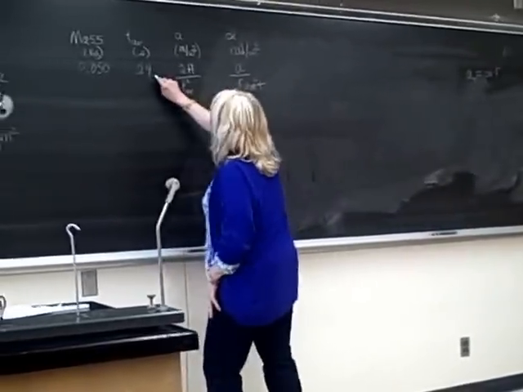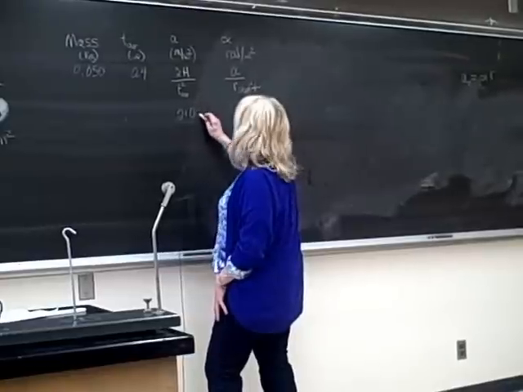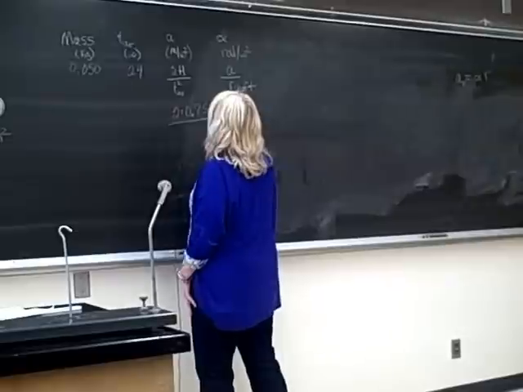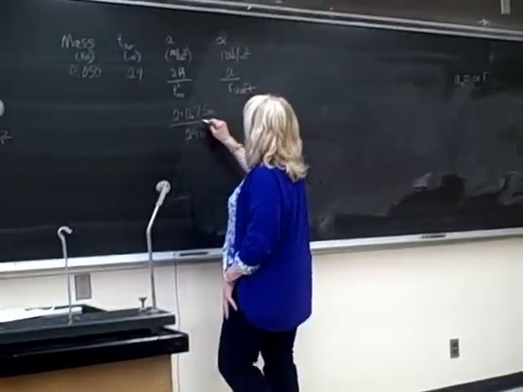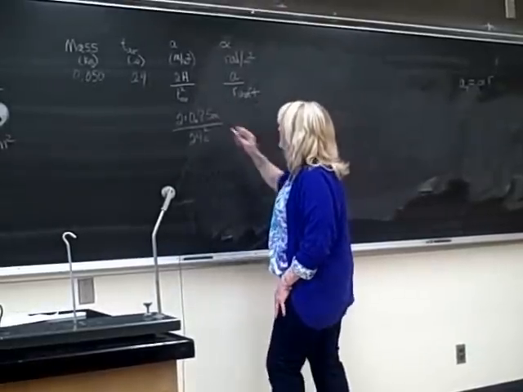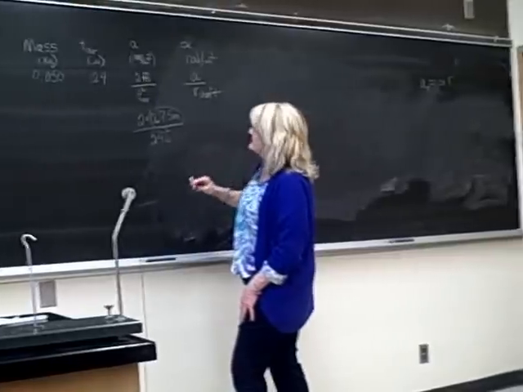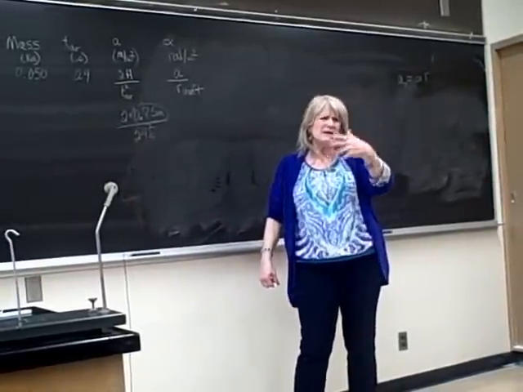So this would be 2 times, let's say, 0.75 meters divided by 24 seconds squared. That's what you're going to get in this one, and that would be your sample calculation. This number will vary, so will this one, depending on your setup. You'll get slightly different times depending on how much friction there is in the apparatus.